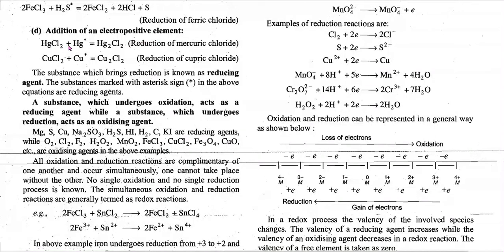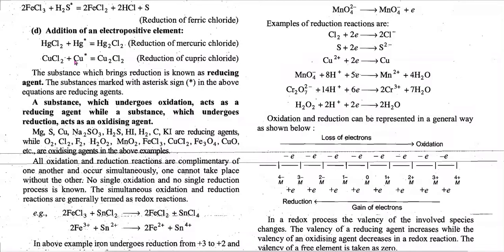HgCl2, when it reacts with mercury, forms Hg2Cl2. Here addition of this electropositive mercury takes place and this is also called reduction of mercury chloride. We say that reduction of mercuric chloride into mercurous chloride.